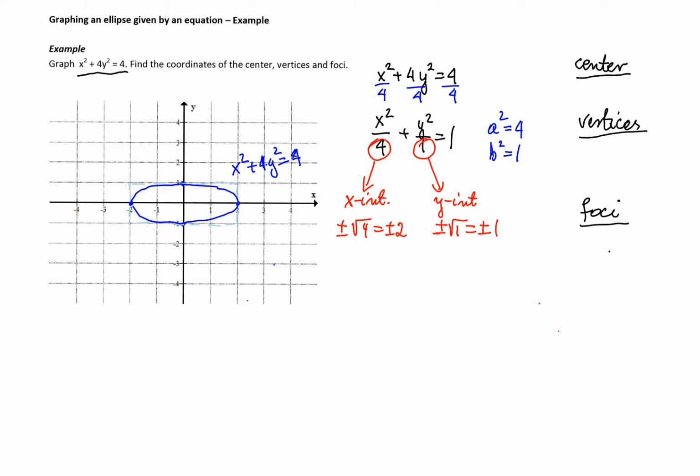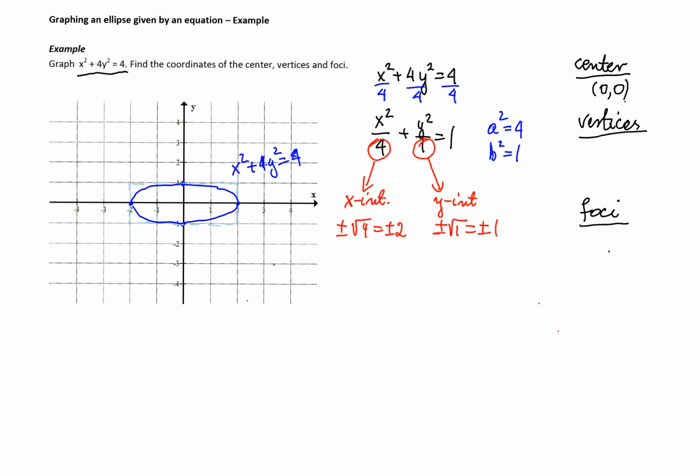Now we have to figure out the center, vertices and foci. Clearly the center is at the origin because this is the equation in standard form with the center at the origin. Now where are the vertices? To find the vertices, we can look at the graph and identify the major and minor axes.